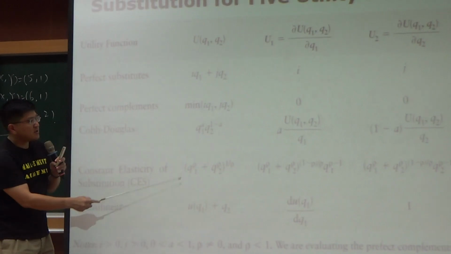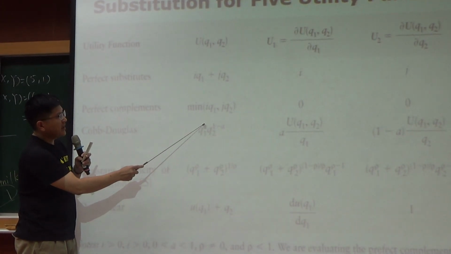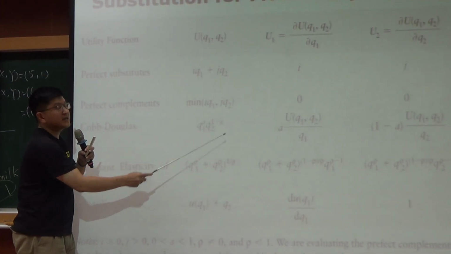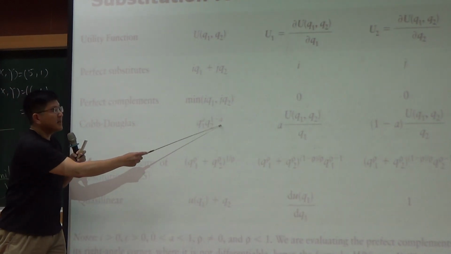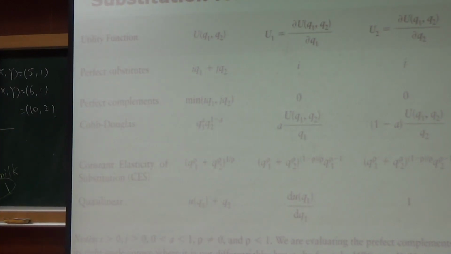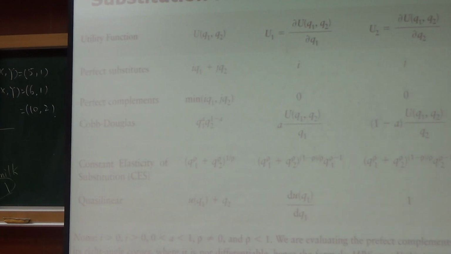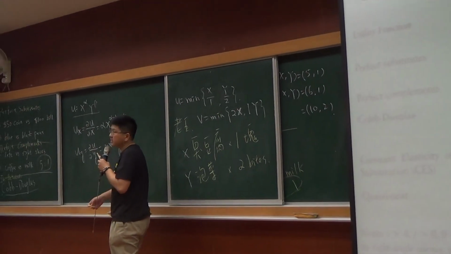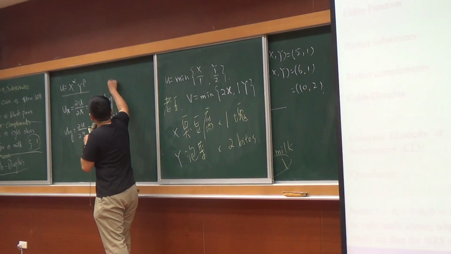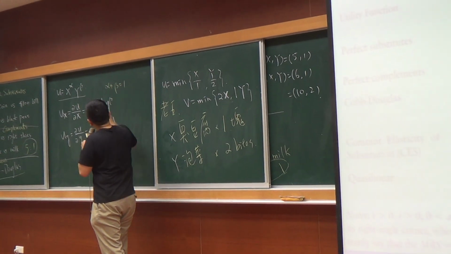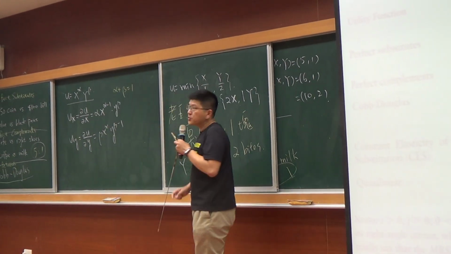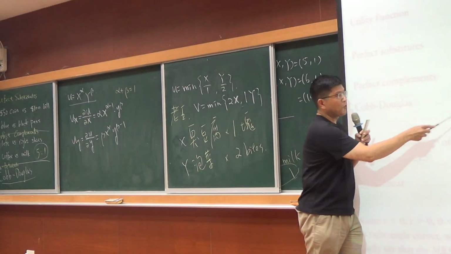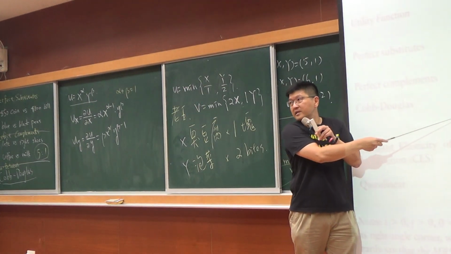And Cobb-Douglas, q1 to the power of a and q2 to the power of 1 minus a. Here, a and 1 minus a is just a special case of this. It's actually a limited version of this one, because if you assume alpha plus beta equals 1, then we have this form. Is that clear?